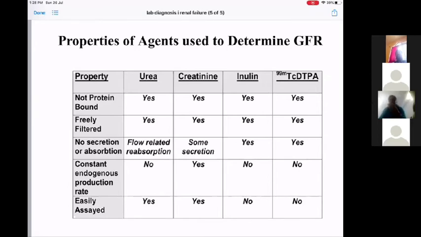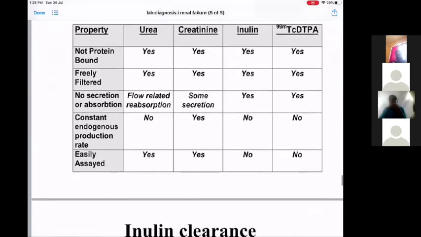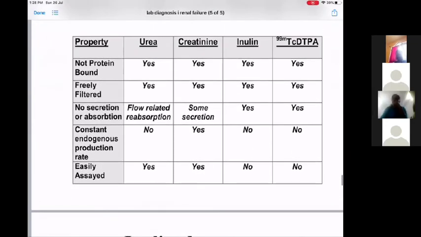Urea and creatinine tests are easily done in the laboratory, but inulin and DTPA can't be assayed easily.